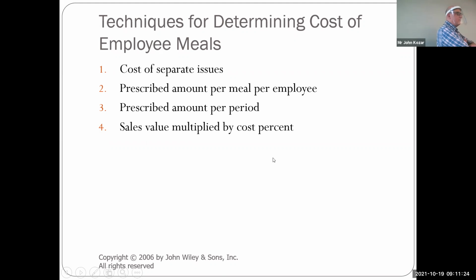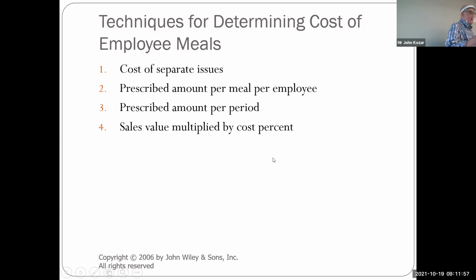So for the cost of employee meals, you could take the actual cost of separate issues. You could have a cook who would cook meals for the family, and they would do their own requisitions. They wouldn't use any other ingredients in the kitchen. They would have their own ingredients, and then you could keep track of your costs that way. Everything that person requisitioned would go into employee meals.